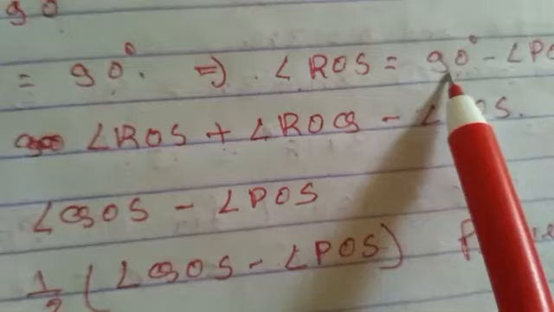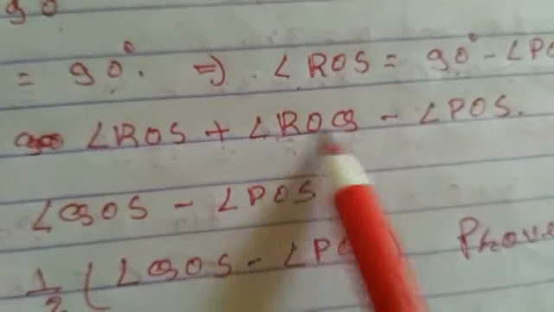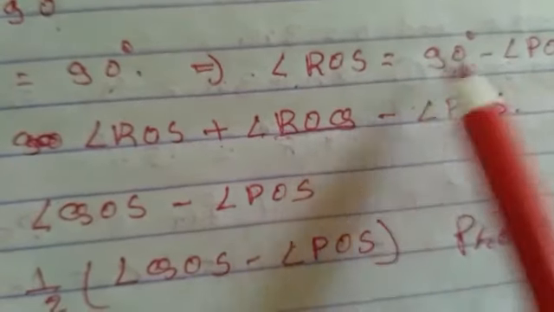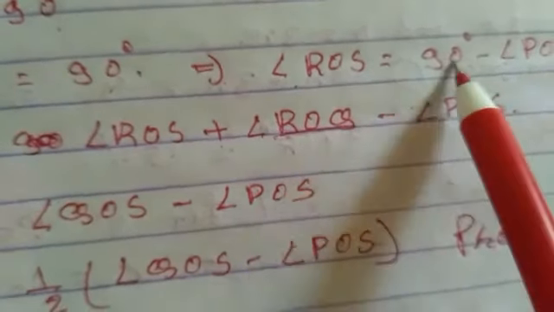Since the angle ROQ is also 90 degrees, we substitute the 90 degree value by angle ROQ, minus angle POS.